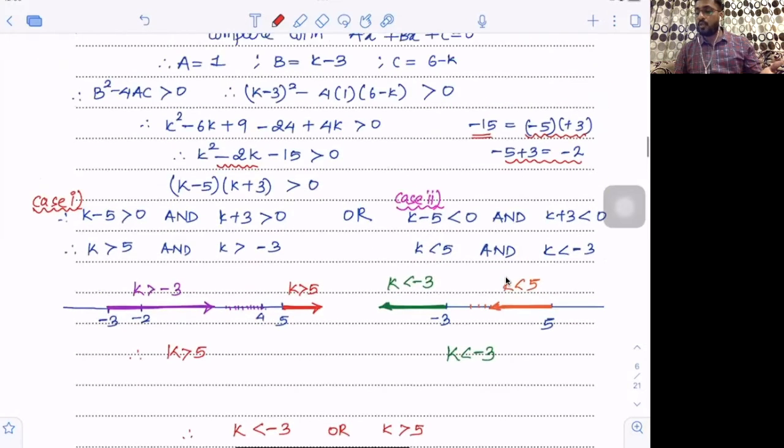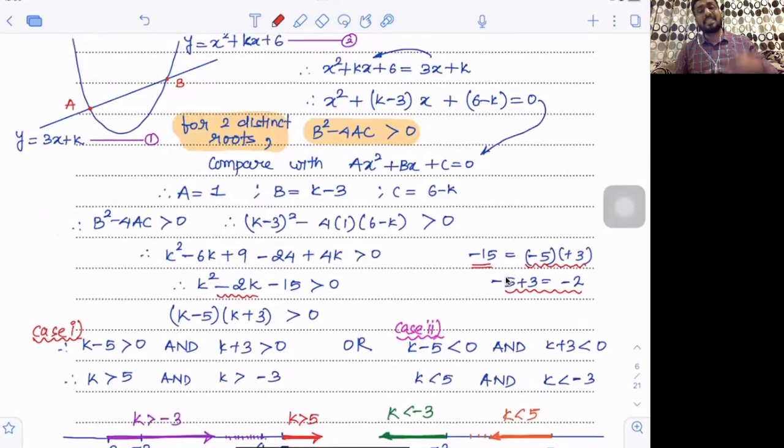So take any value of k which is greater than 5. Let's say you take the value of k as 7. Put it in this quadratic equation that you have, solve the quadratic equation, and you will definitely get two different values of x.